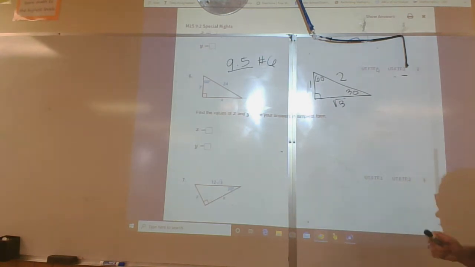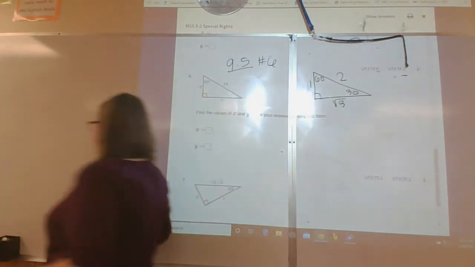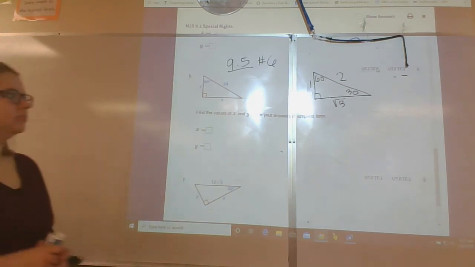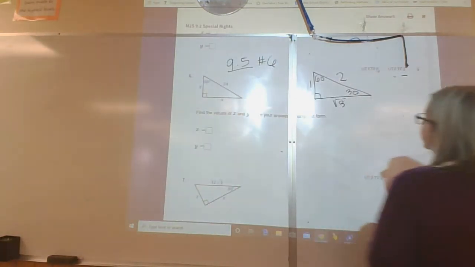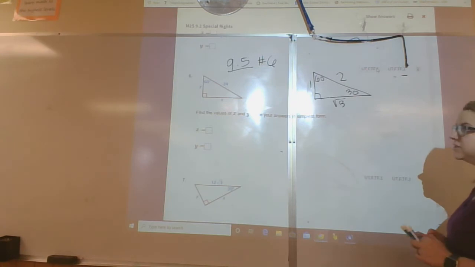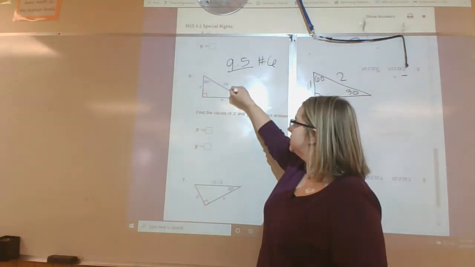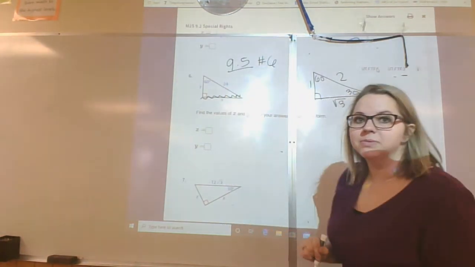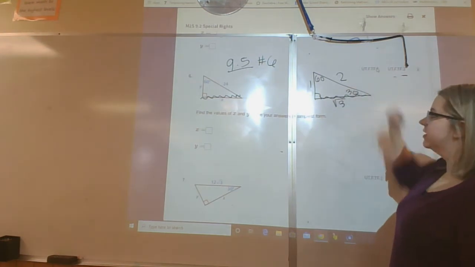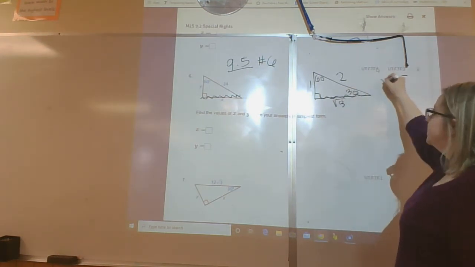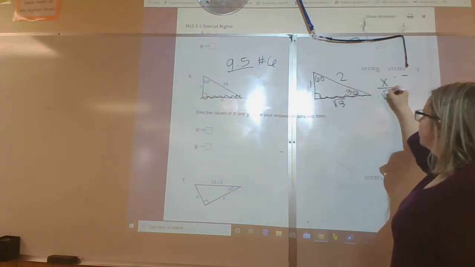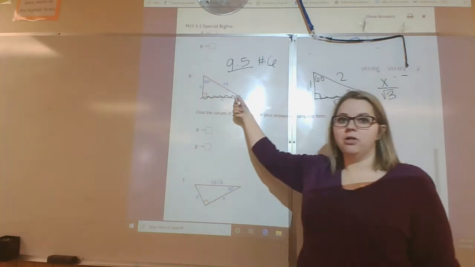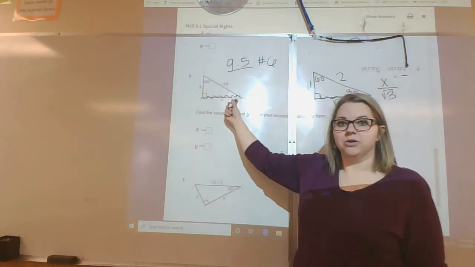Okay, so now I am going to set up my ratios. Let's look for x first. Here's x. This bottom side goes with this bottom side over here. So I have x over square root 3. If I start on this triangle, I always have to start on this triangle.